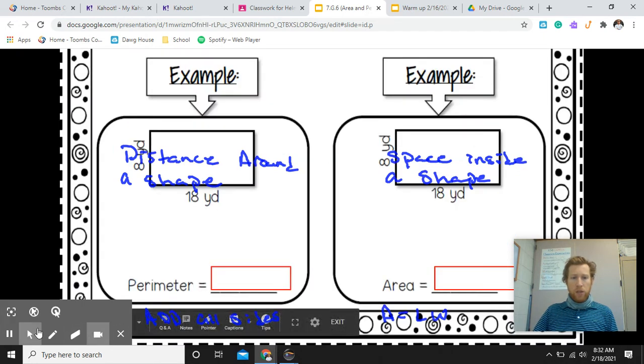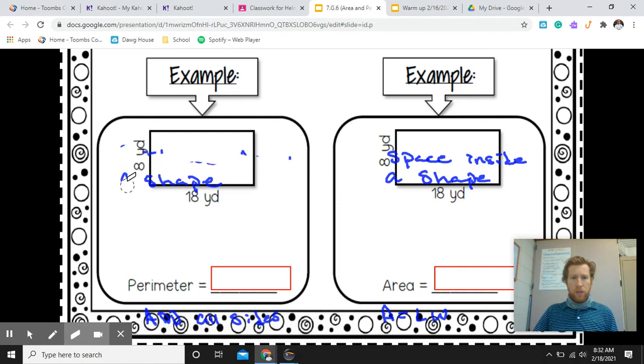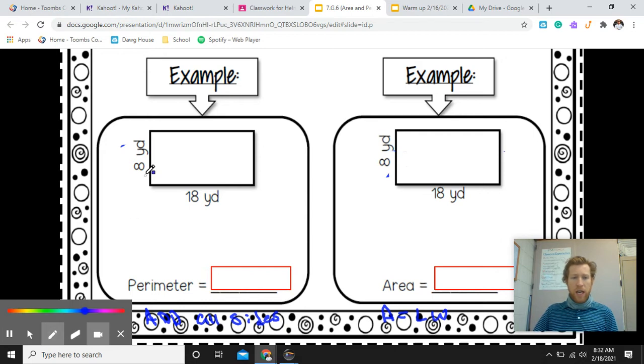Okay, so our next one is examples of finding the area and finding the perimeter. These two are the exact same shape, so let's go ahead and find the area and the perimeter. Very quickly, in order to find the perimeter, we add all sides. This side is not given.